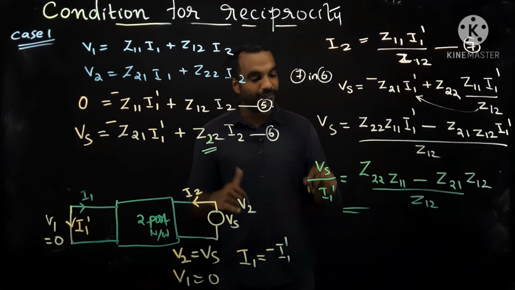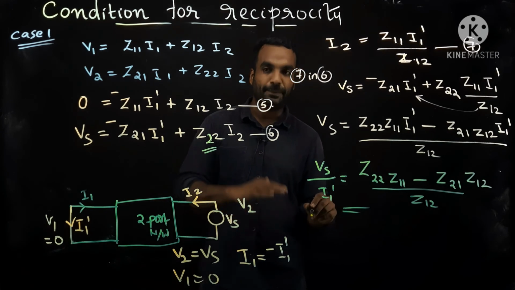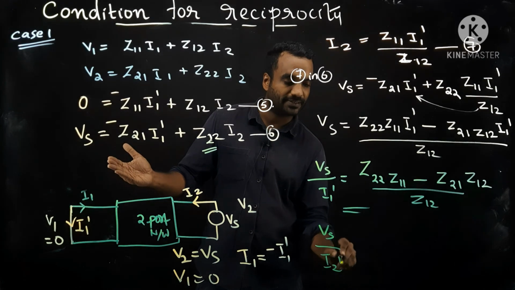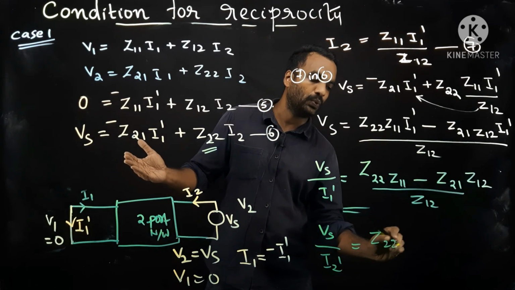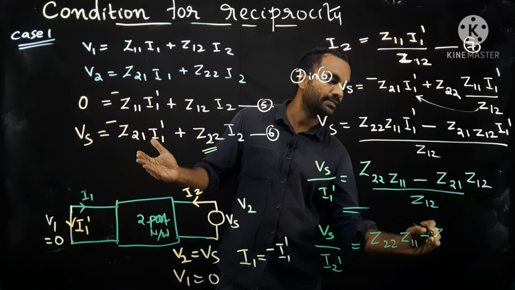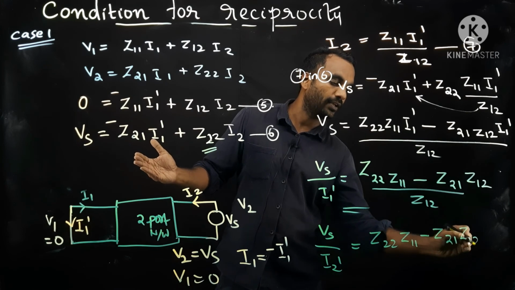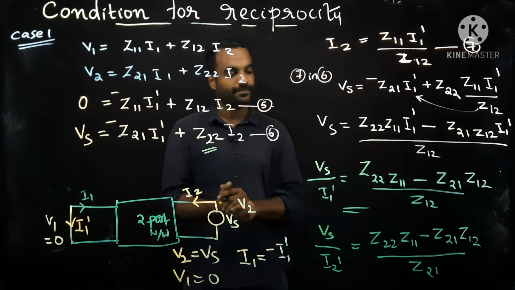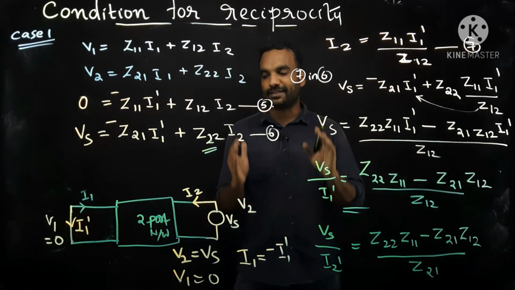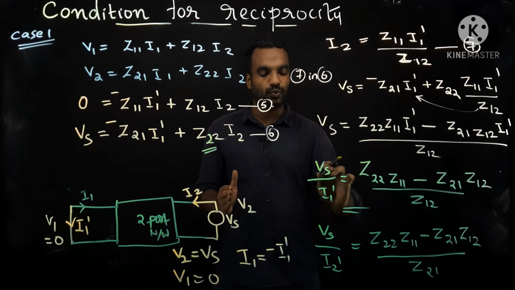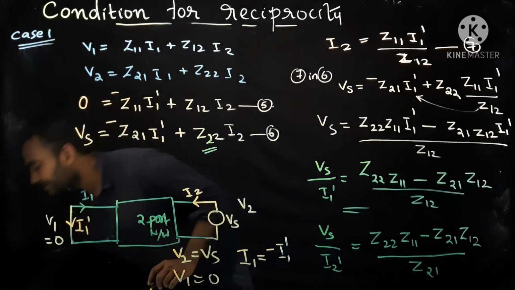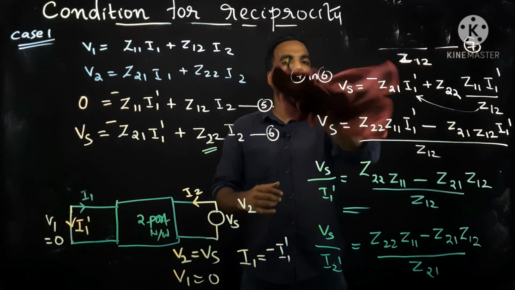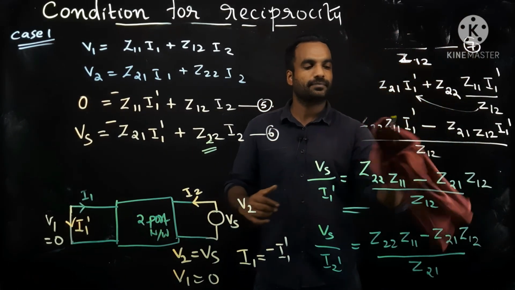And in the previous slide, we got that Vs by I2 dash was, what was it? Z22 Z11 minus Z21 Z12 all divided by Z21. For a network to be reciprocal, we want these two to be equal. These two equations should be equal.